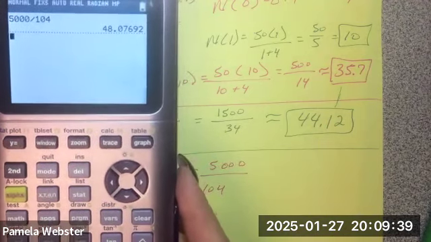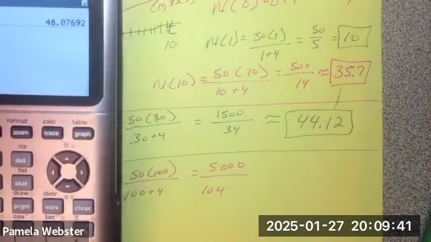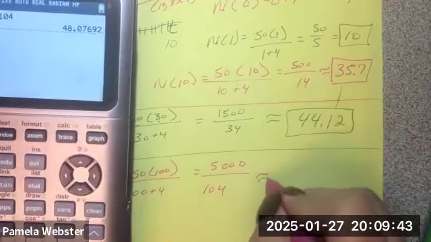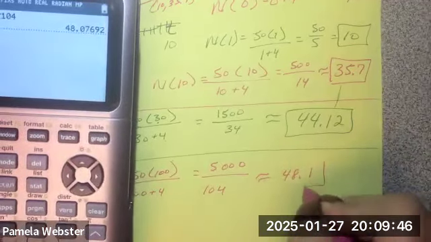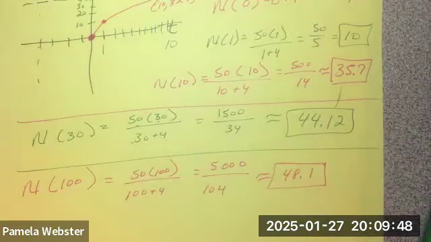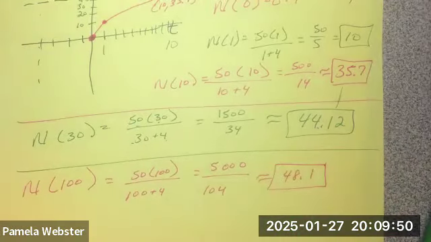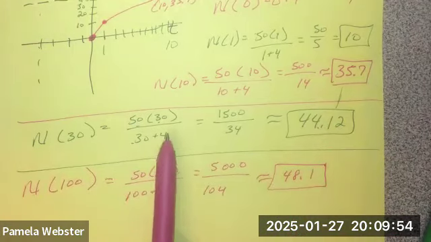Not even 48.1. We can round it. I'll round it. 48.1. The only reason I'm trying to round it is because I see that this one was a 44.1. Okay, so let's think about this.